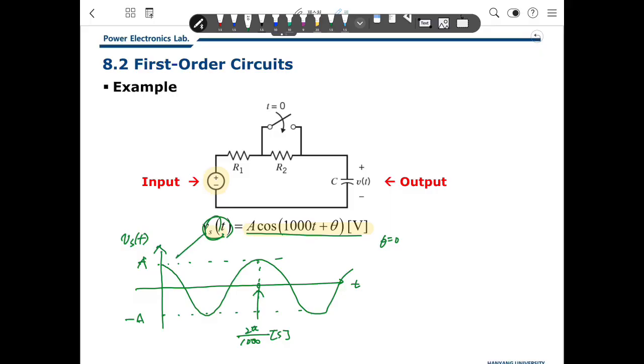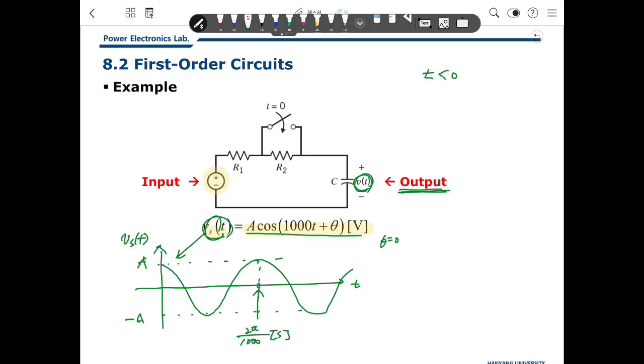The Vs looks like this waveform. This is a sinusoidal waveform. Then the question is, we want to know about this voltage. This voltage is across the capacitor. So we want to know how to get the value here. That is the goal of this chapter: how to get the voltage here.